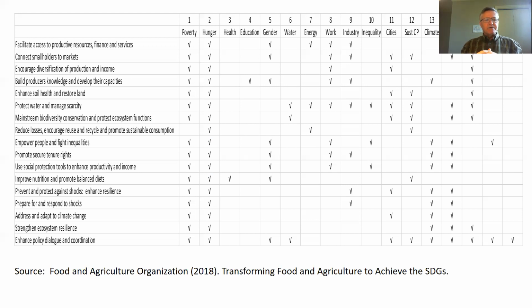So I'm just going to read the first 3. Facilitate access to productive resources, finance, and services. So people should have access to these things, which means that they should be available in markets. If they're purchasing assets or finance, there should be credit arrangements available, and services in terms of, say, regulatory services or research services. So we can see how that comes in.